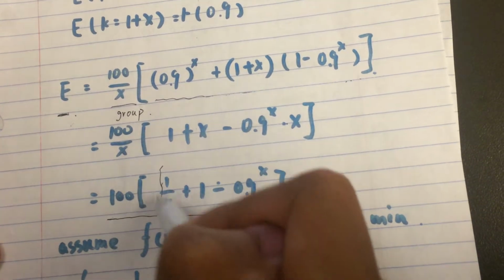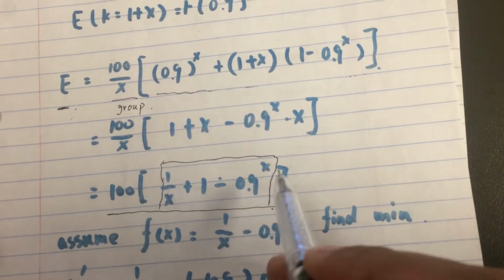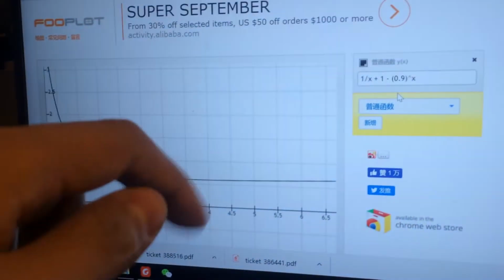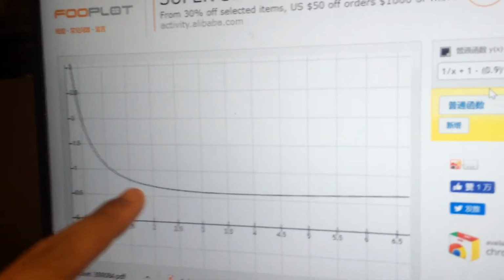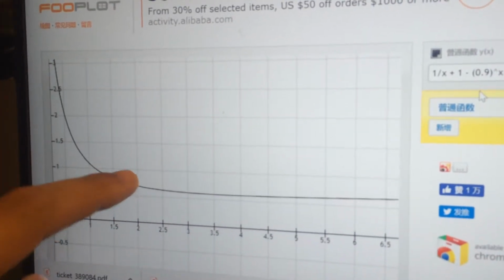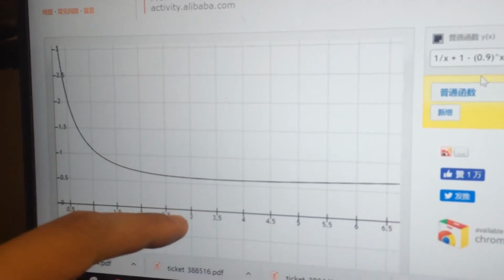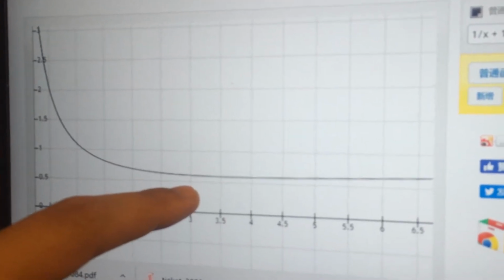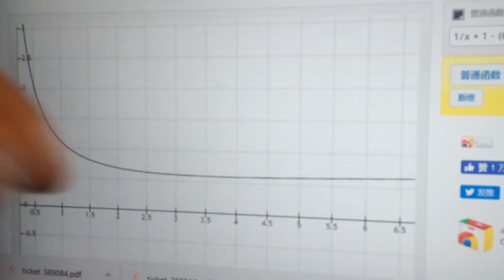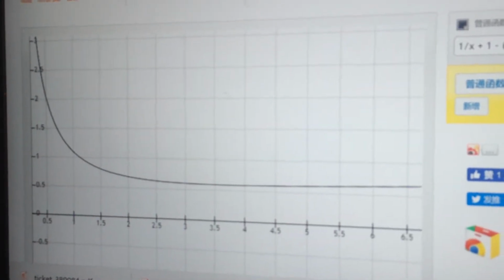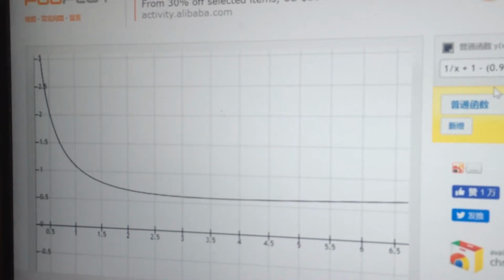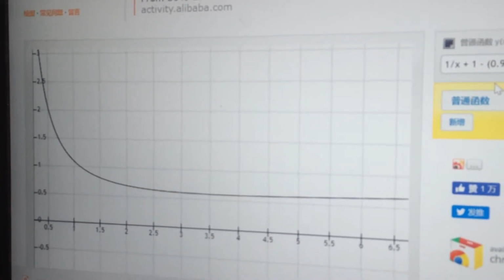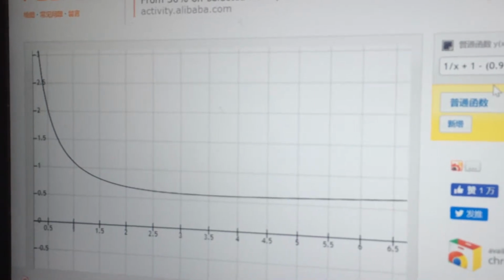And we can see that this function's graph is shown in the picture on the computer. This is the function, and this is the graph of it. And we can see obviously that when x equals 3 or 4, because x must be an integer, this will reach its minimum number.